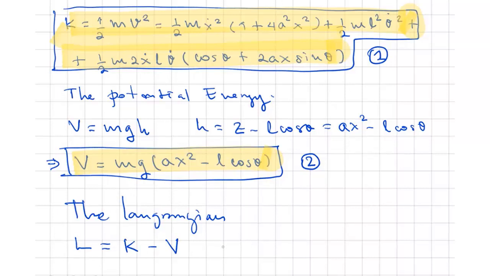Usually books and literature show the expression like this, T minus V. All right, guys, so with this done, we can write the Lagrangian like T minus V.